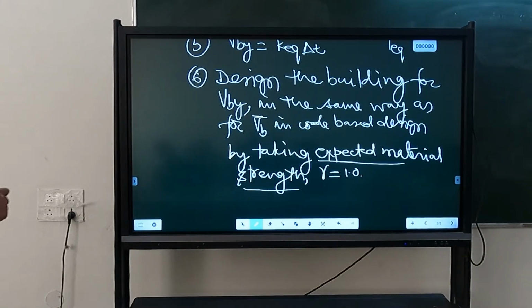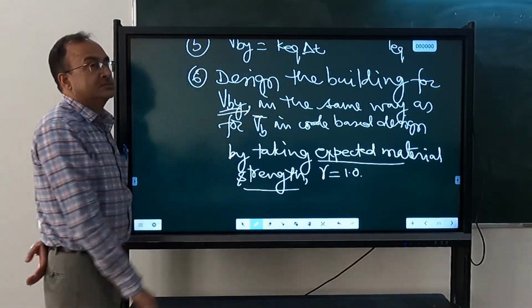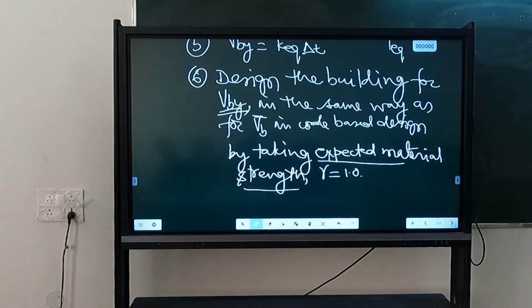Because you are doing this for Vby, you will get the yield strength as this. So this will give you a close design of what you want. What yield drift you have desired, what ductility ratio you have desired, it will give you a close design.